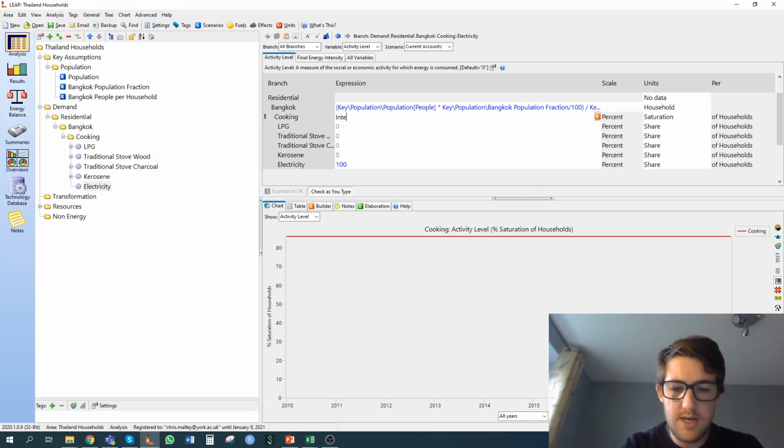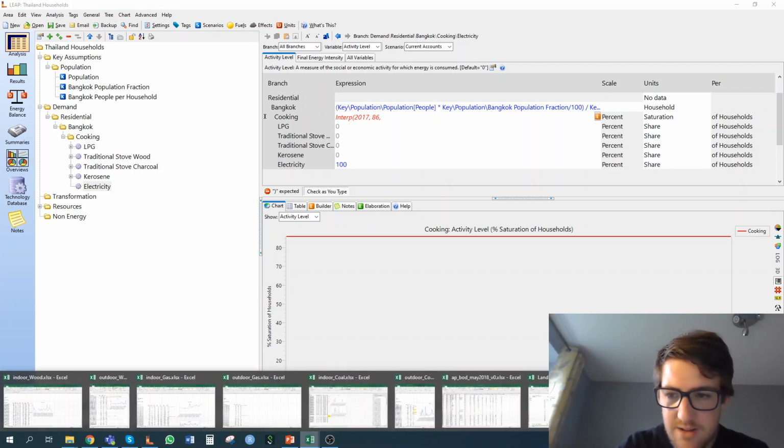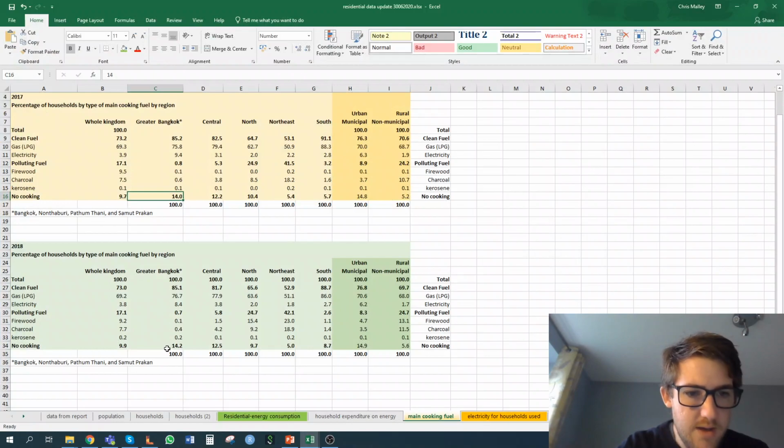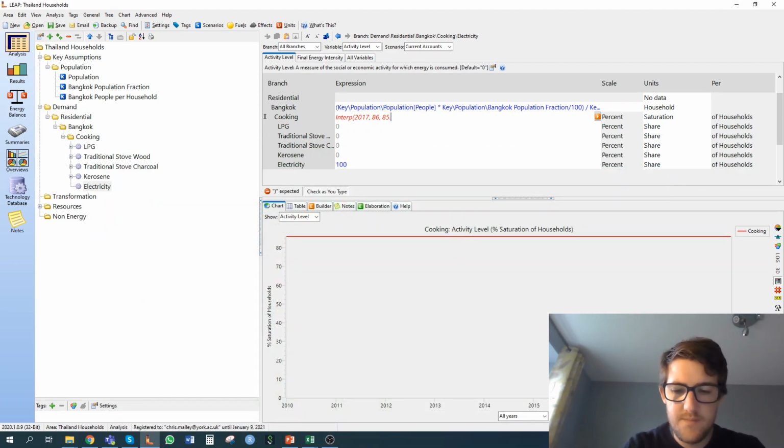So I'm going to actually put that in as INTERP 2017 86%, and then the value in 2018 is 14.2%, so that is 85.8% in 2018. So I can enter those values there of the percent saturation of households that do cooking.